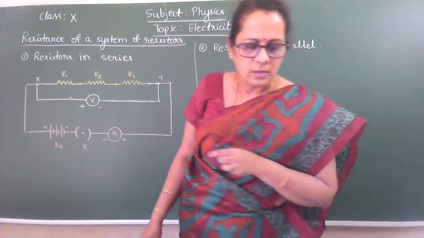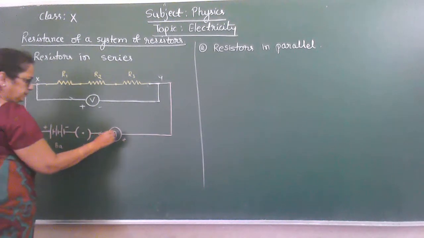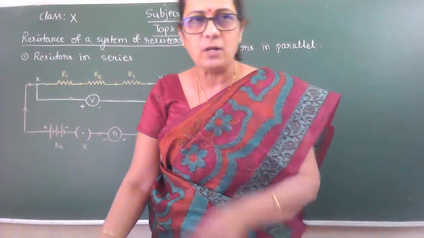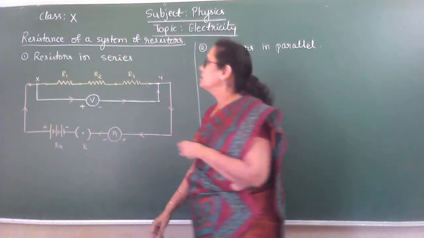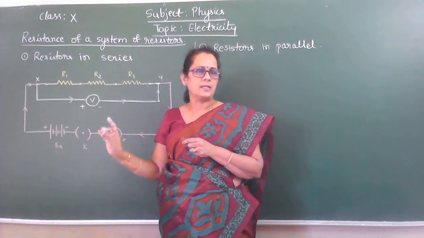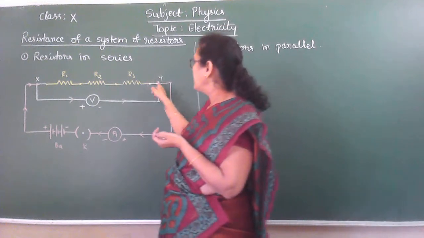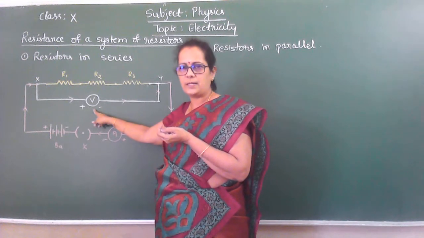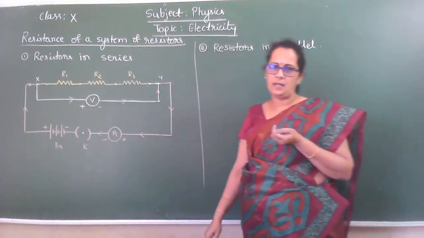Now, don't forget to put the arrow mark. So always mention the arrow mark like this. See here. So this connection we call resistors in series. That is, R1, R2, R3 are the three resistors connected to common endpoints XY, connected to a voltmeter, and the entire system is connected to battery, key and ammeter.